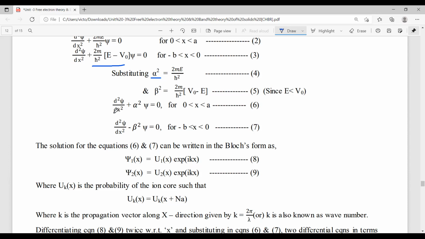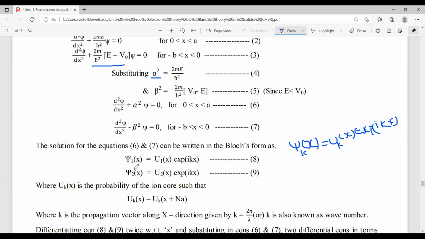The solution of this expression is written in the generalized form of Bloch: xi of x is equal to xi k of x is equal to uk of x exponential of ikx. This is the generalized form of Bloch theorem.